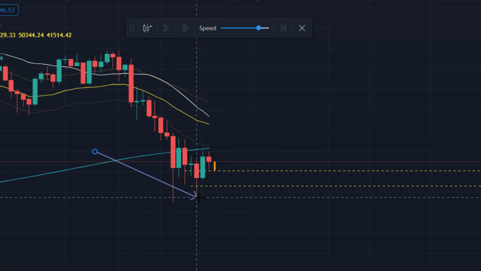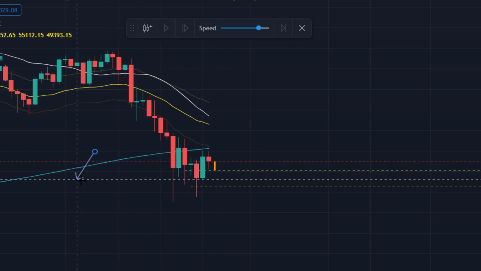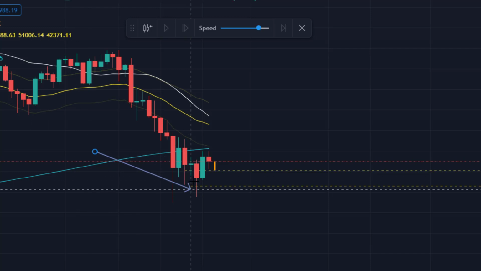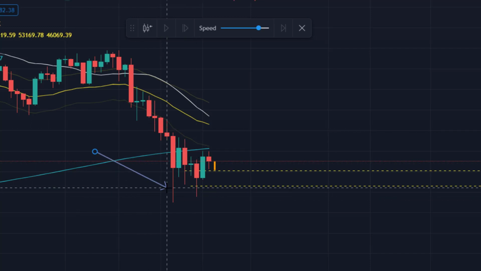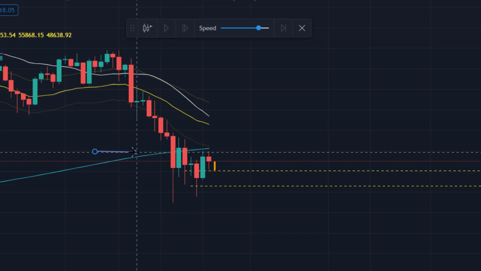Everything that's happening down here, and how you would define the range that it's keeping, and what's important for you to watch, is your expectation based on what this one candle did. It's really that simple.